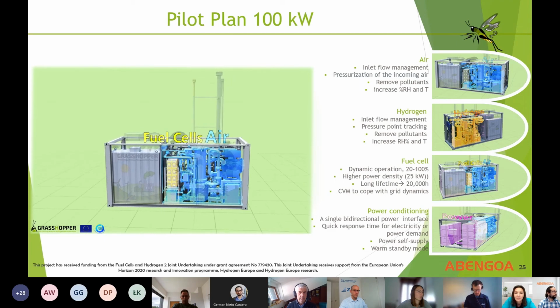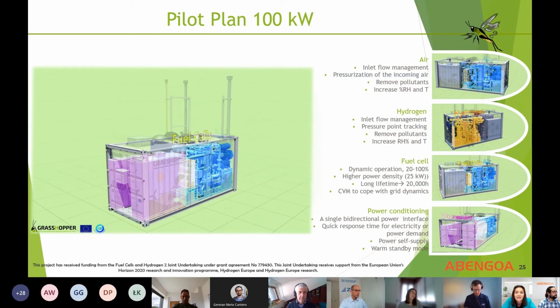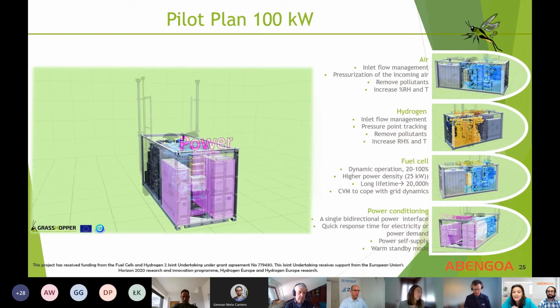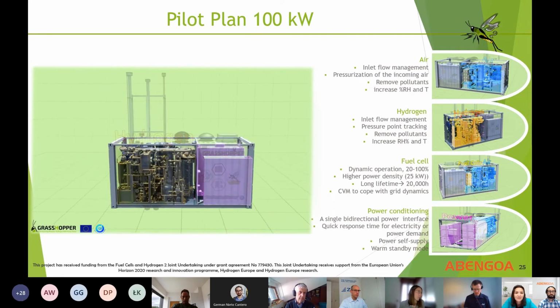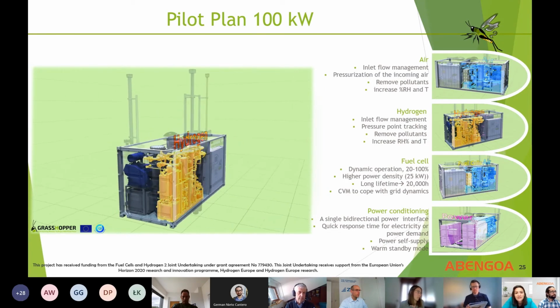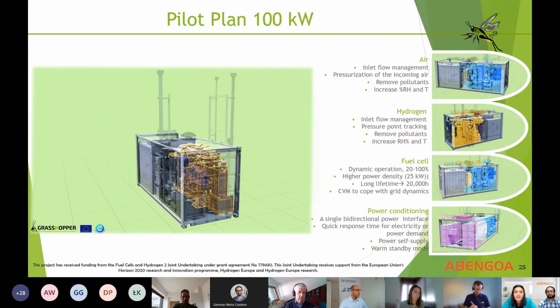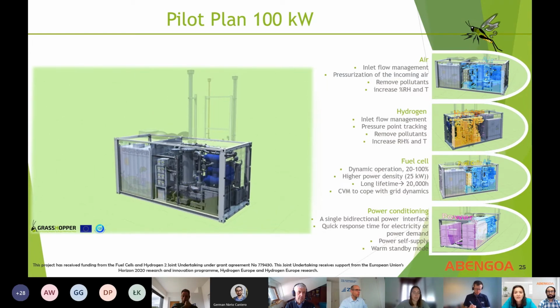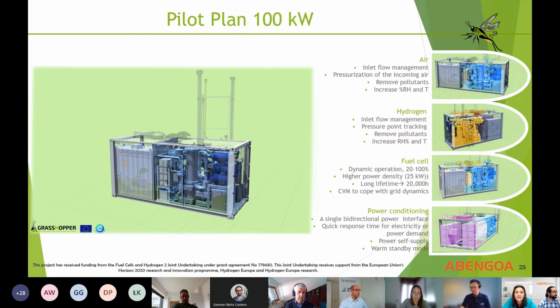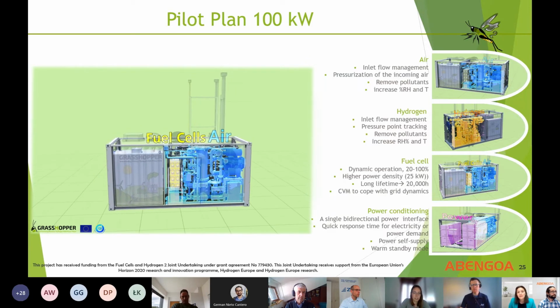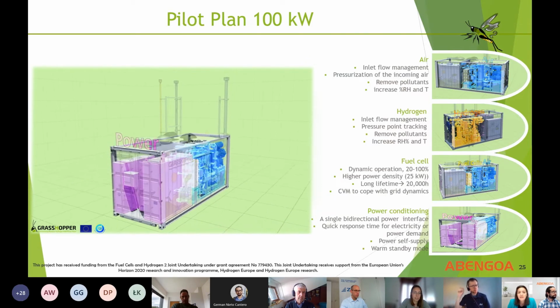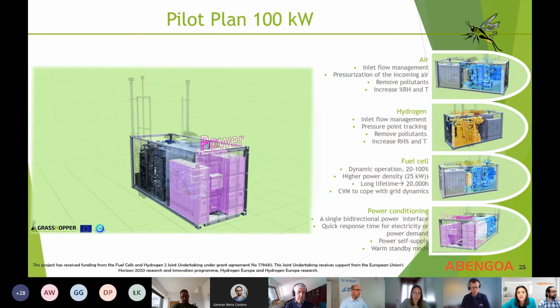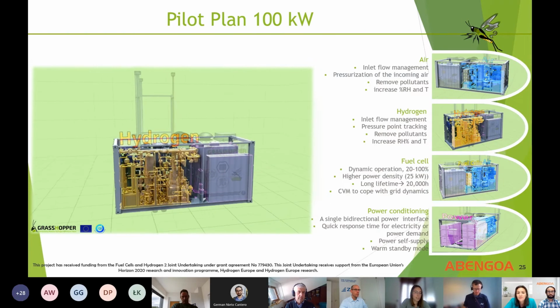In this turntable of the plant, you can see that the pilot plant is a containerized solution, and it's physically divided in two areas. One is for the process, and another is for the electrical compartment. The process compartment is physically separated from the electrical area for safety reasons, as we are working with hydrogen.